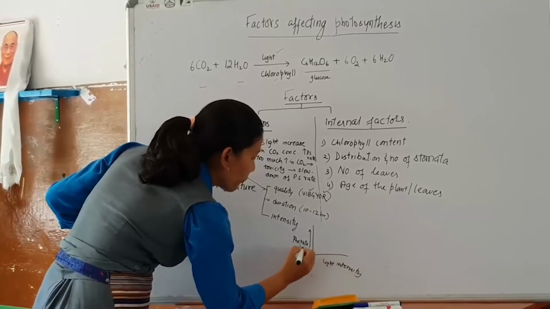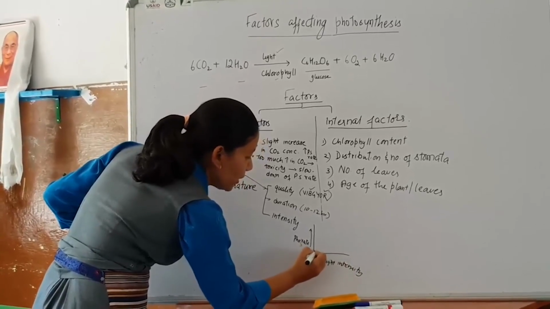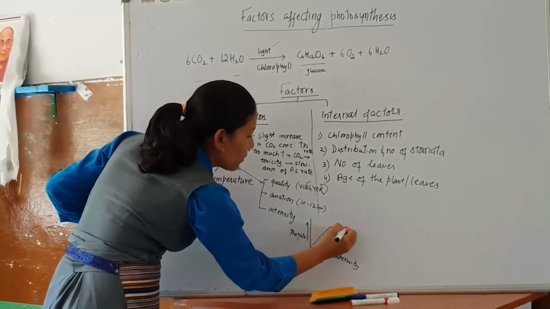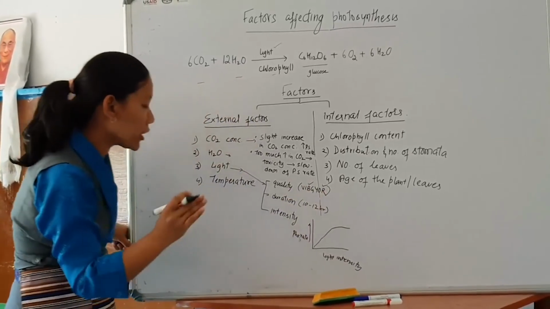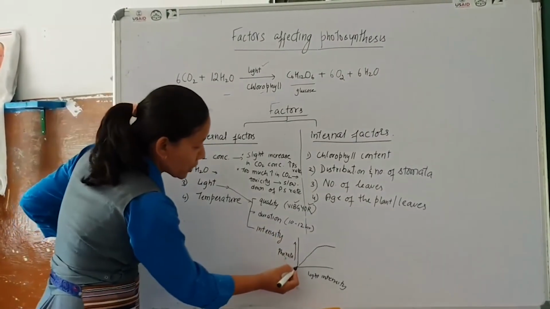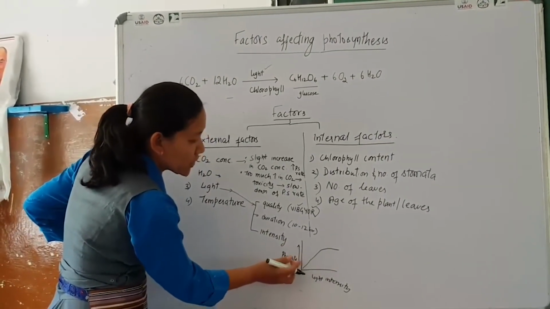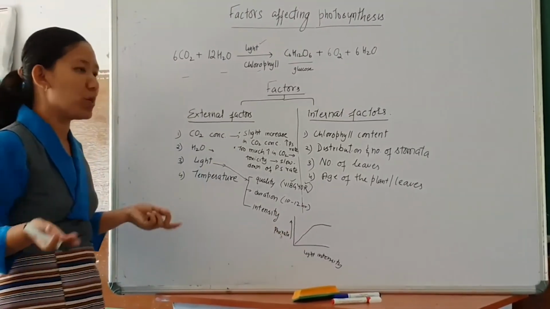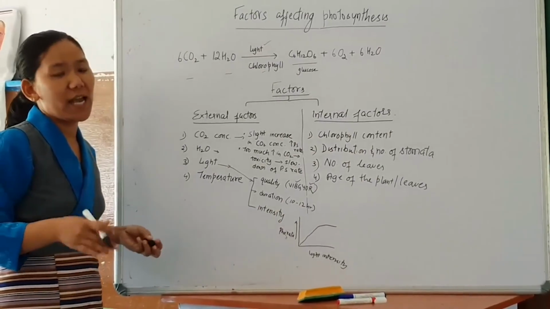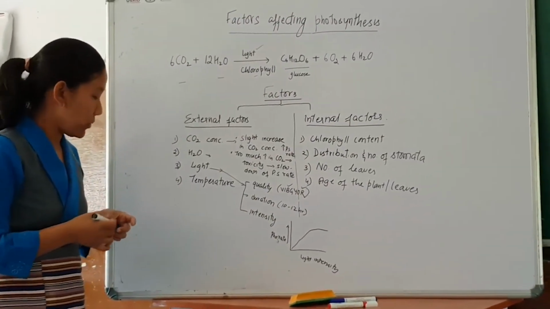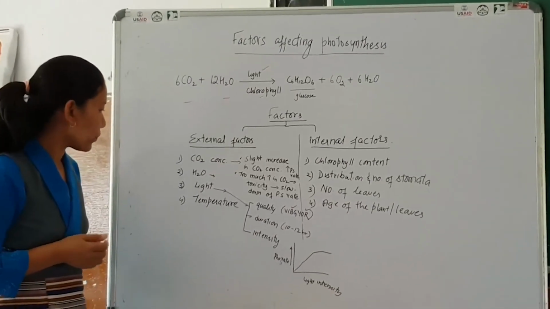As you increase the light intensity, the rate of photosynthesis increases, but up to a limit, after which other factors become limiting factors. If the intensity is too much, it will lead to photooxidation and other factors will come into play, and then the rate cannot be affected much.